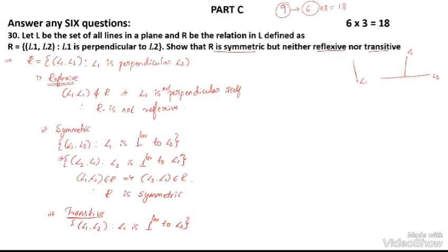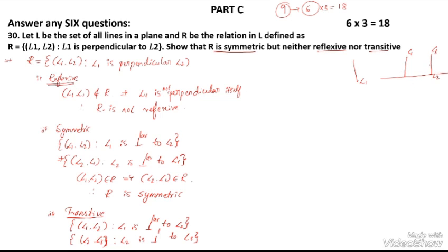In a similar manner, I have taken (L2, L3), so L2 is perpendicular to L3. I can draw here L1 perpendicular to L2, and L2 perpendicular to L3.